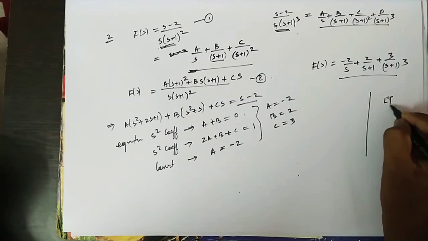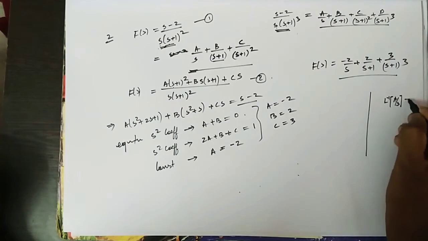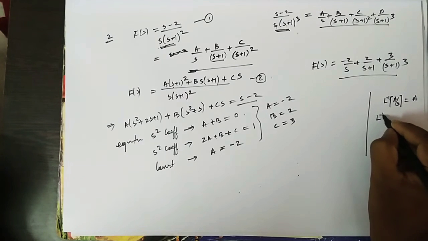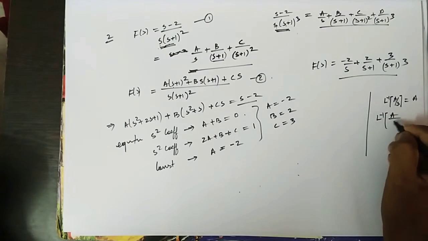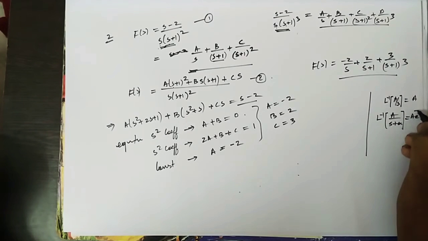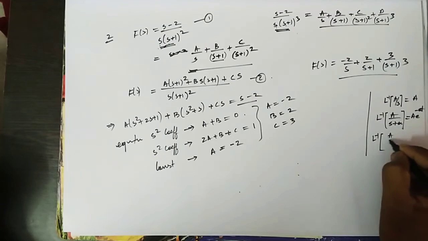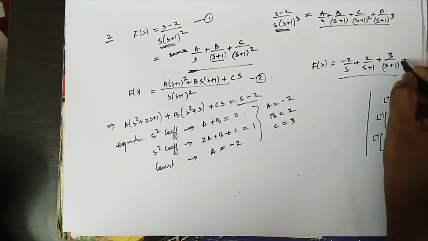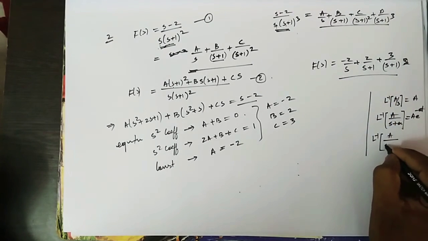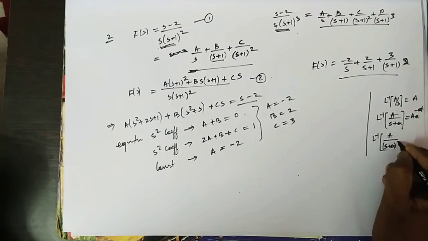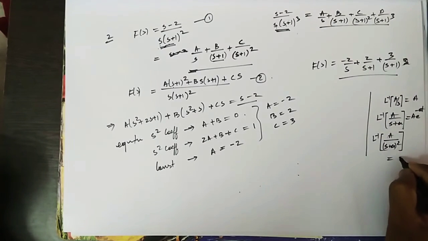Laplace inverse of a by s equal to a, Laplace inverse of a by s plus a equal to a into e power minus at, and Laplace inverse of a by s plus a whole square equal to a t into e power minus at.